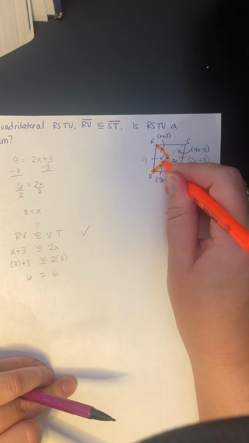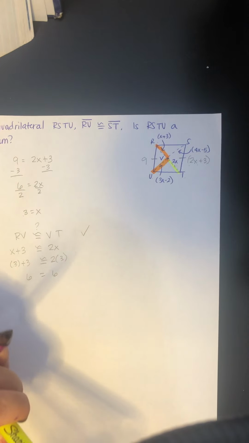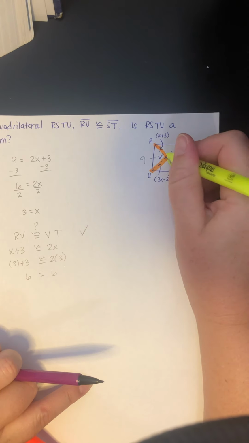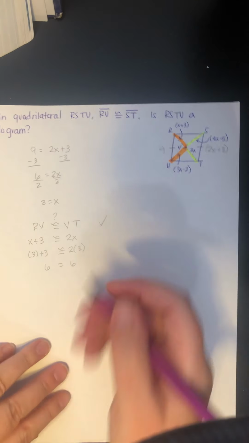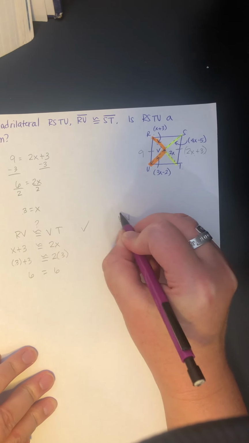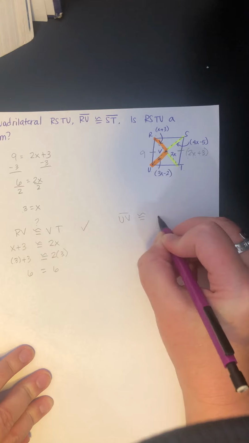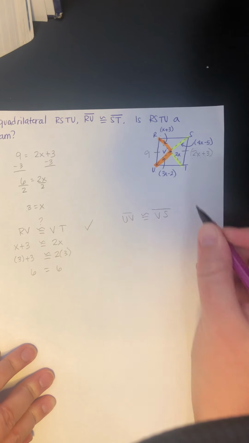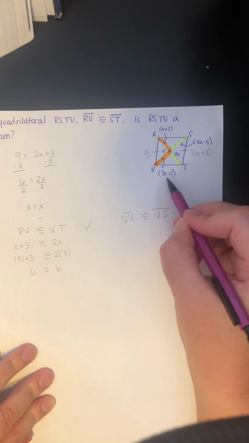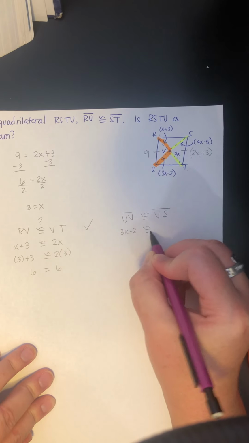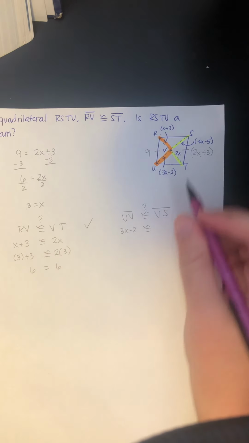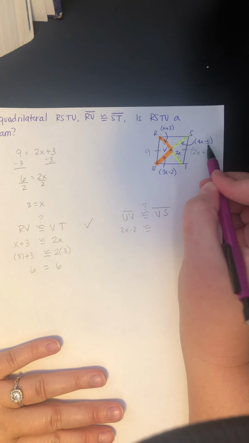Let's see the UV to VS. Let's see if those lengths are the same. Okay, segment UV, see if it's congruent to segment VS. UV, the length right here is 3x minus 2. And then VS from here to here is 4x minus 5.